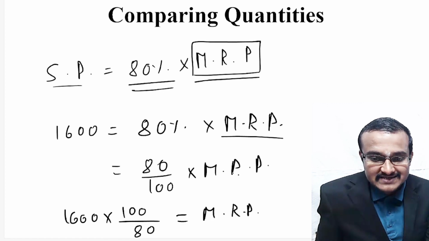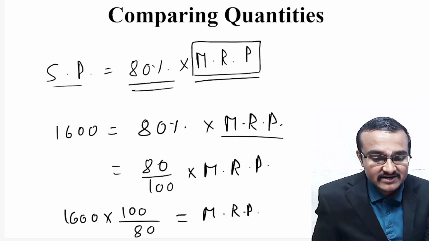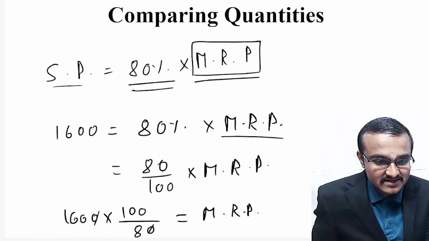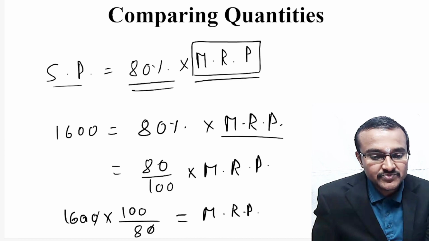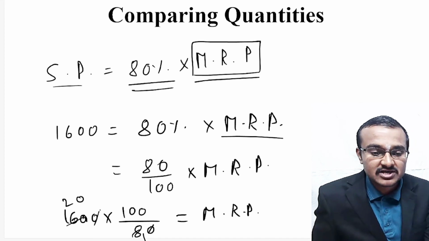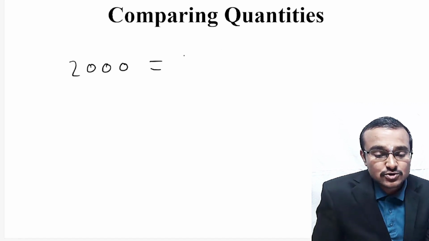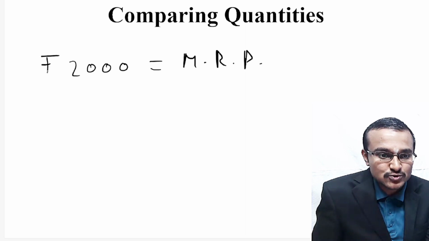Now you can easily solve this. 0 gets cancelled, so it will be 160 into 100 divided by 80. 8 ones are 8, 8 twos are 16, 0 is there, so 20. So 20 into 100 will be 2000. That means the total MRP of these skates is rupees 2000.